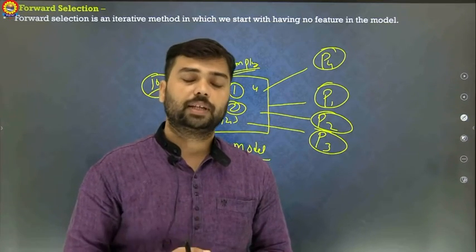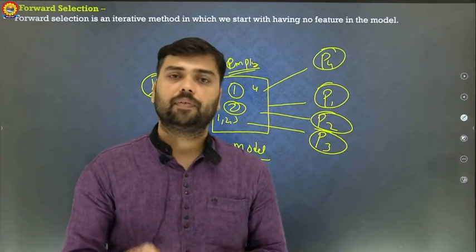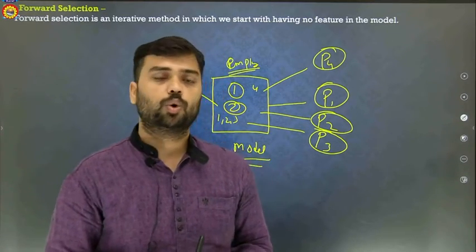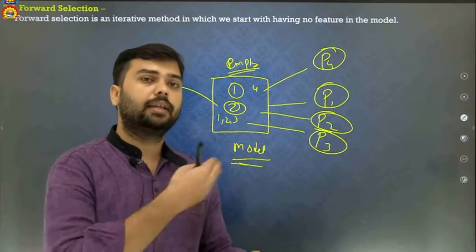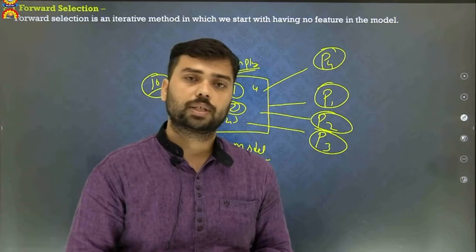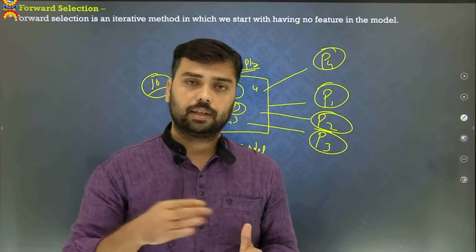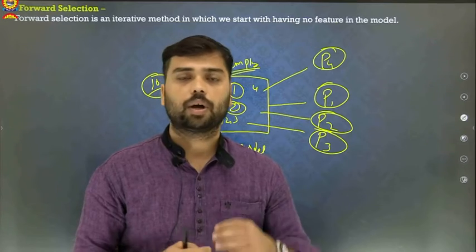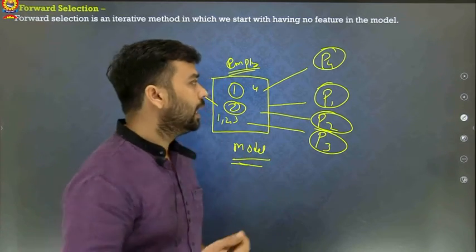If the accuracy is increased, then we take that particular feature, otherwise we discard that feature. So it starts with empty and continuously adds features until we get good accuracy, or we delete the features which are not impacting the generation of an accurate target value.